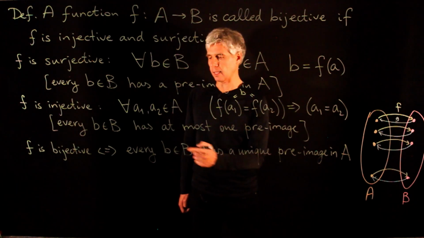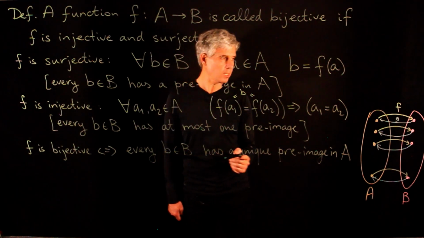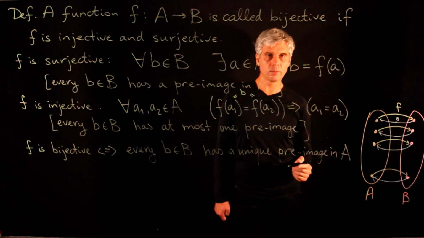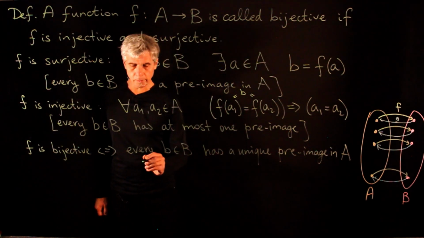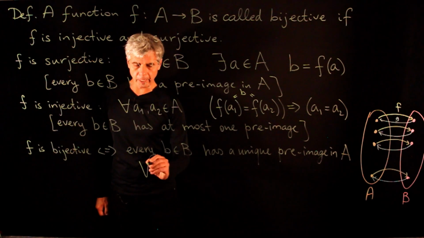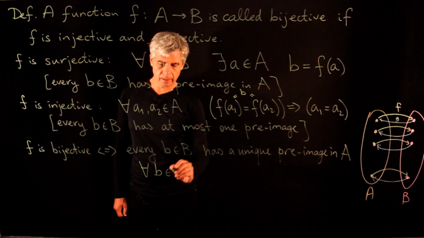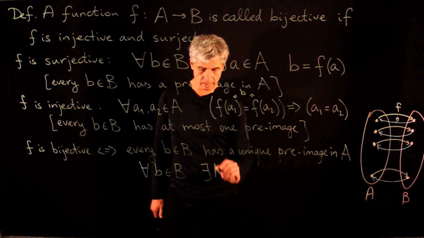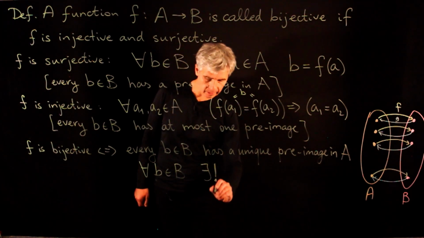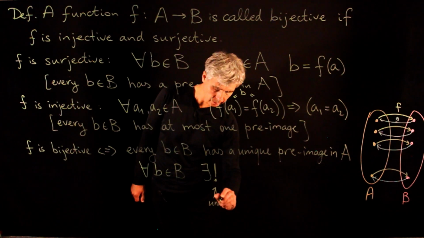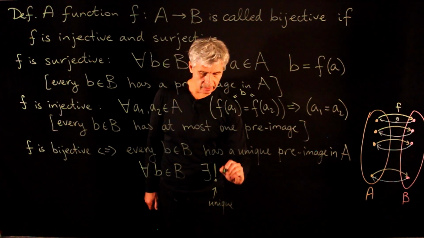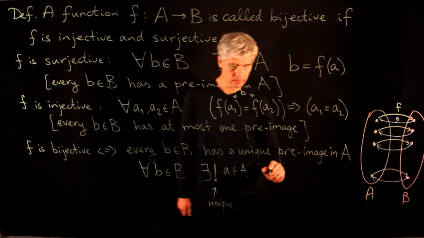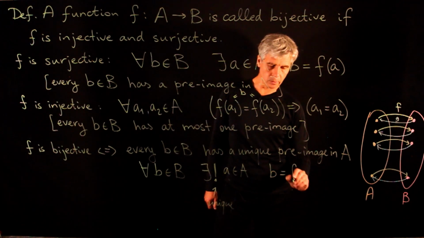So every element b in the set B has exactly one pre-image. This could be written with quantifiers in the following way: for every b in B, there exists a unique (the exclamation mark means unique) a in the set A, such that b is equal to f of a.